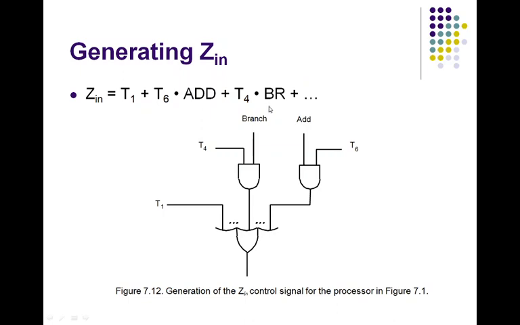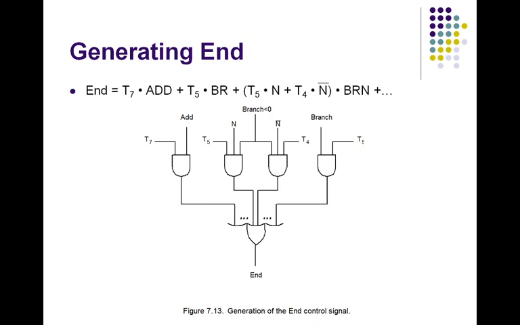The logic function for Z-in is derived from the different control sequences. As another example, shown in the next figure, this circuit generates the end control signal from the logic function end equals T7 dot add plus T5 dot BR plus T5 dot N plus T4 dot N bar dot BRN plus and so on.